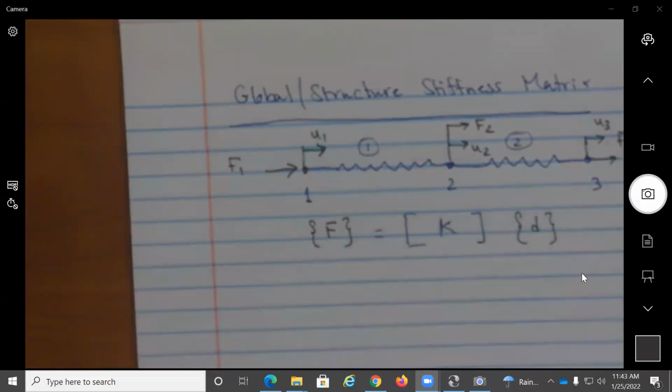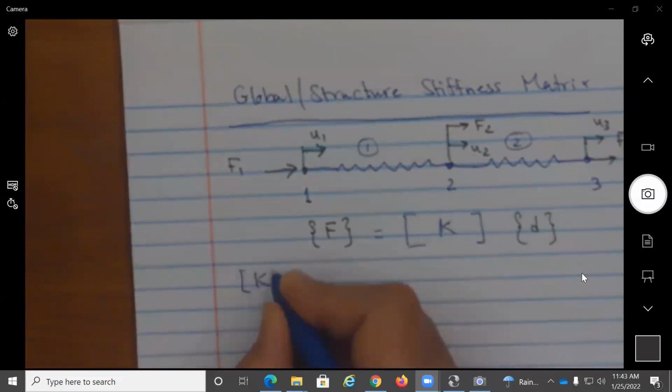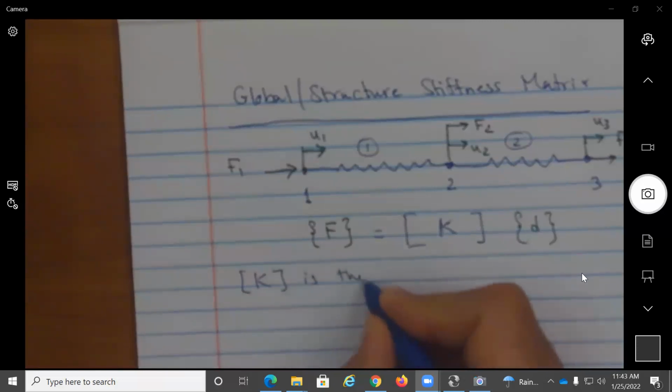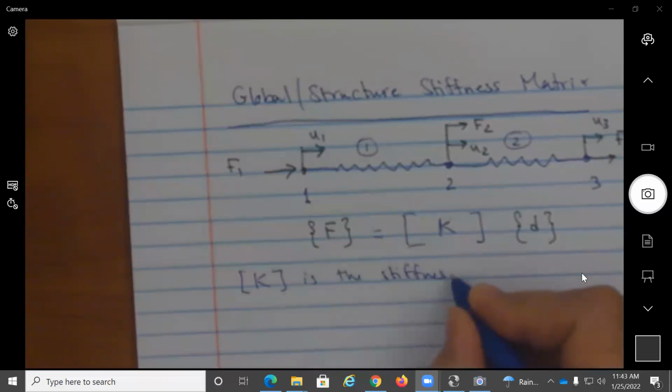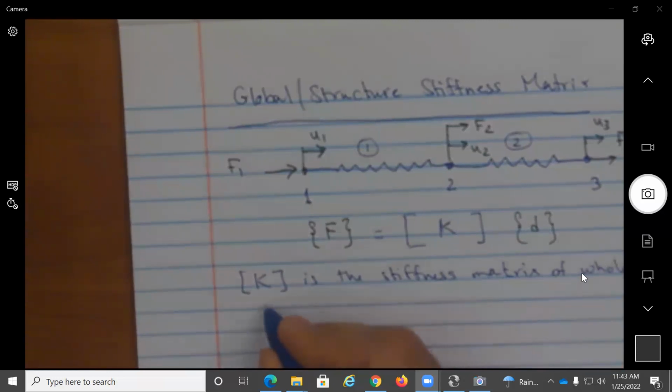And please note I'm using an uppercase K. So this uppercase K is the stiffness matrix of the whole spring assemblage.